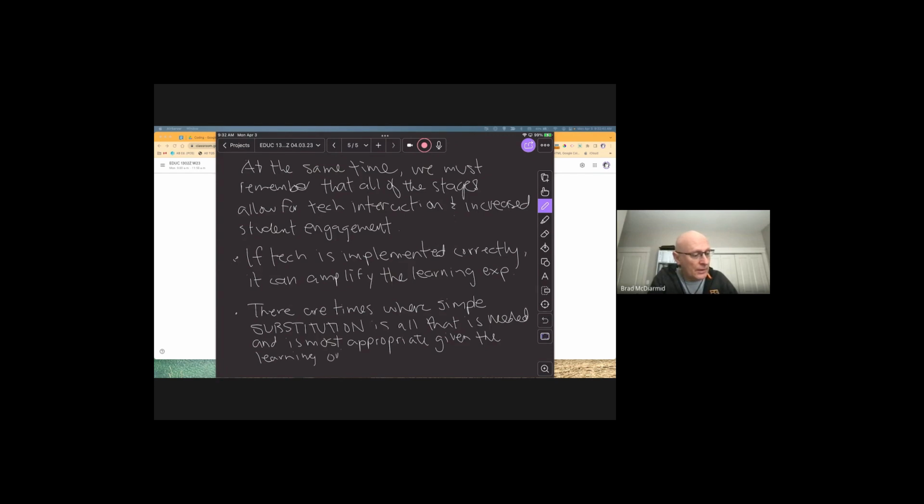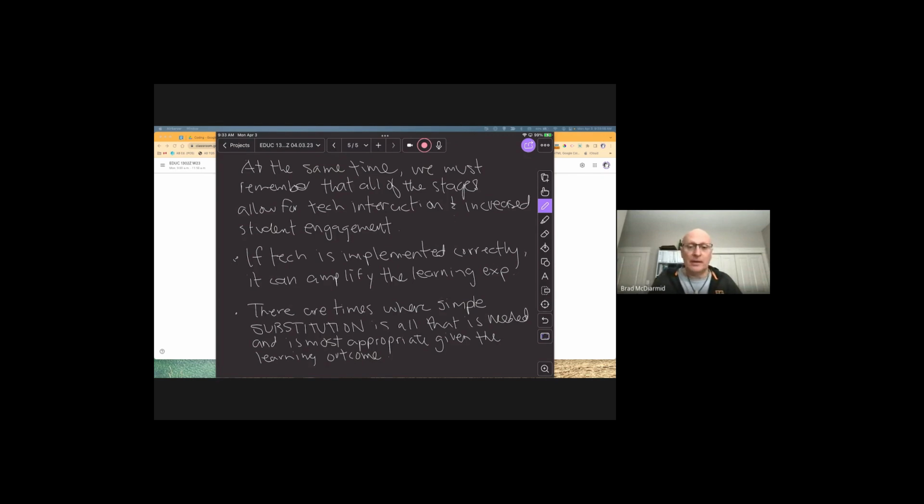And again, what I'm going to do on that one, there we go, is use math as an example, right? So I can use substitution, and again, just having kids use a $1 calculator from the dollar store kind of idea to check their answers on a math worksheet, right? So simple substitution, given the learning outcome, which is students will add 1-digit by 1-digit numbers to get a sum.